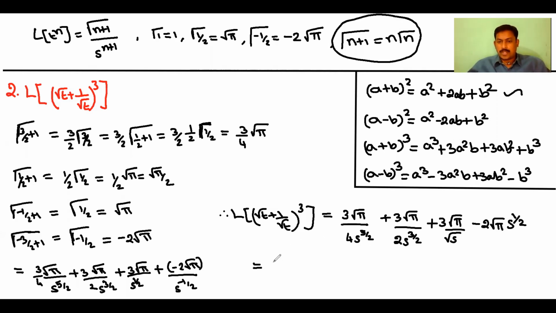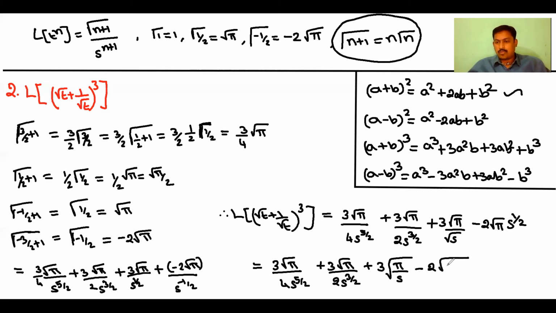We can rewrite that term as root pi: 3 root pi by 4 s power 5/2, 3 root pi by 2 into s power 3/2, and then this can be written as plus 3 into root pi by s. Here this can be written as root of pi by s, which is the required answer.